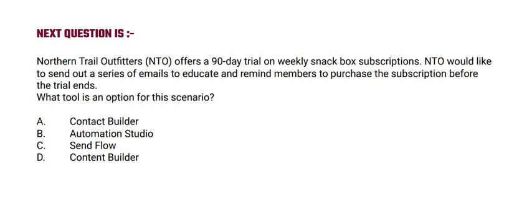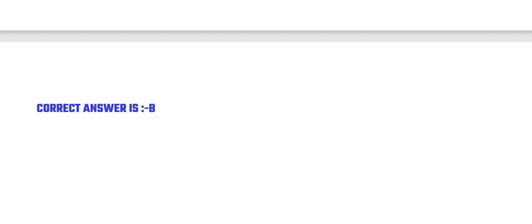Options are: option A, Contact Builder. Option B, Automation Studio. Option C, Send Flow. And option D, Content Builder. The correct option is option B.